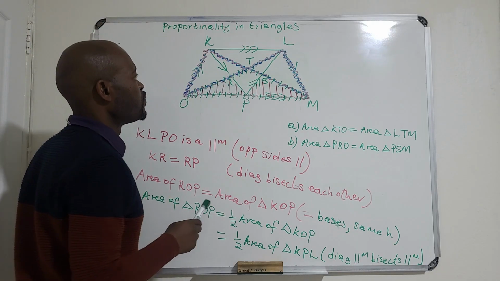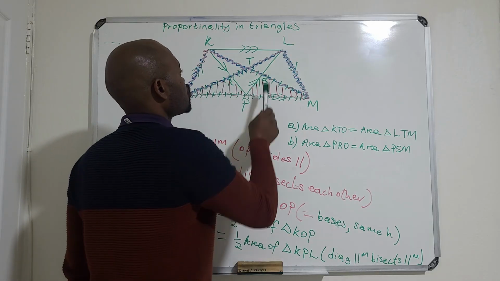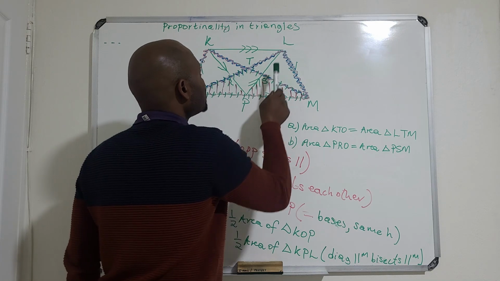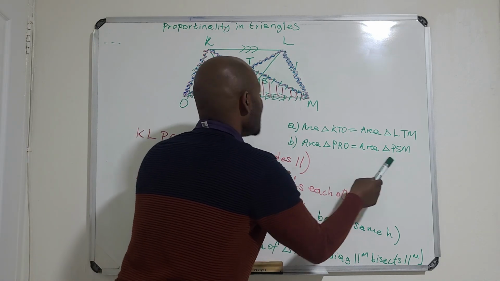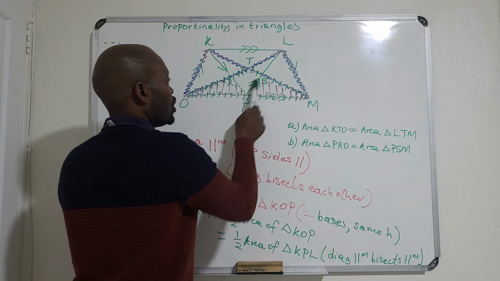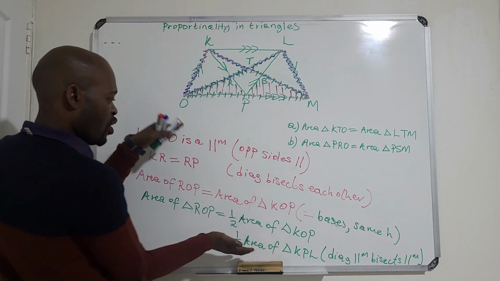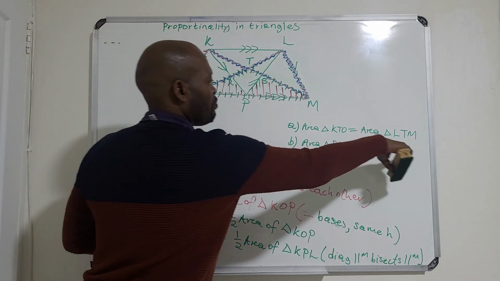If we can prove that the area of this is equal to half the area of that, then we have proved that the two are equal. Now, we are going to continue from here. This is our first step of proving B.